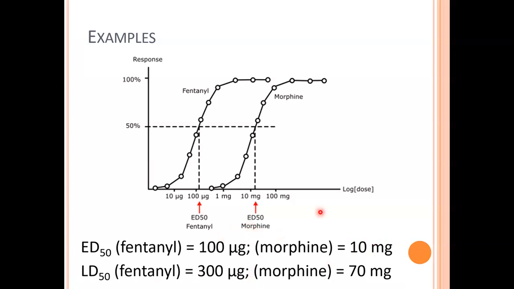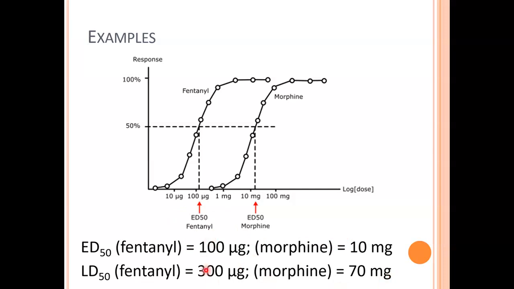I should be talking about the effective dose here. So yeah, fentanyl is 100 times more effective. You need a dosage 100 times lower to get the same effect with fentanyl.